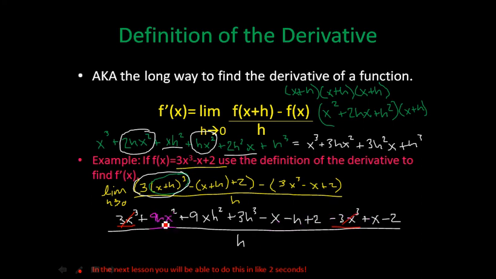Then we have the x's that cancel, the 2's, and I believe that is all we can cancel. So that leaves us with 9hx squared plus 9xh squared plus 3h cubed minus h.